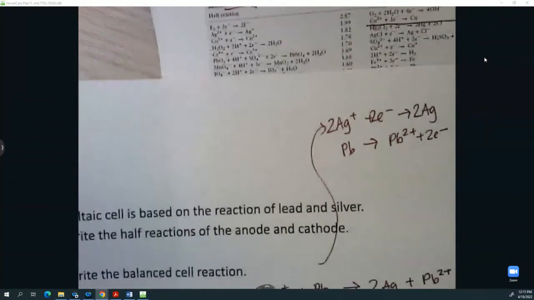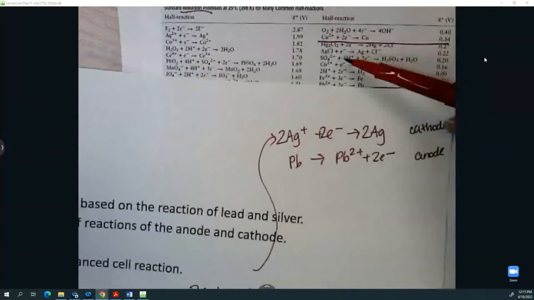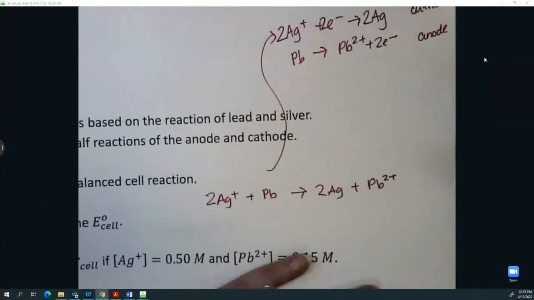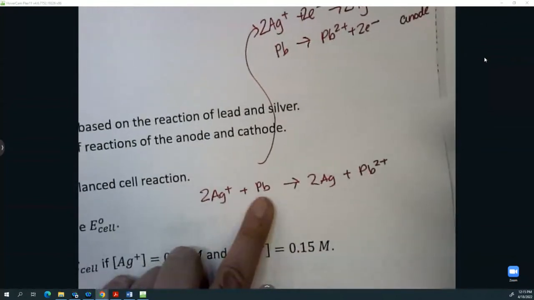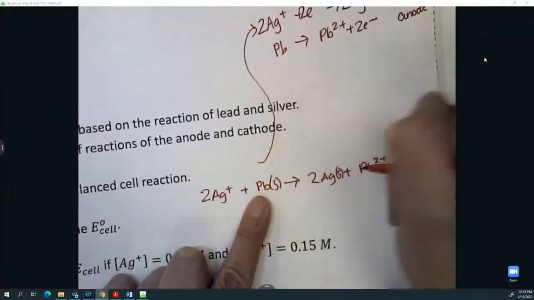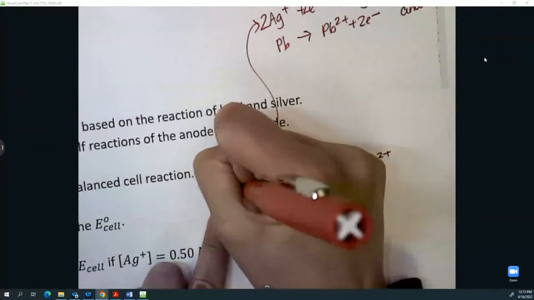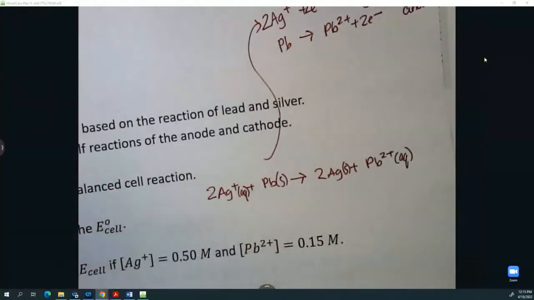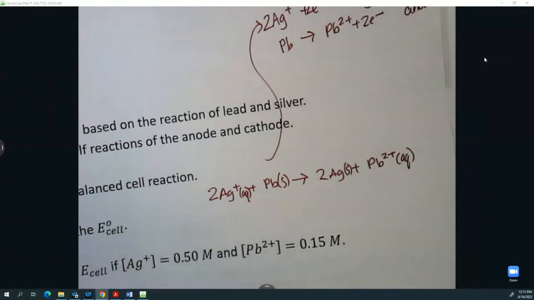The half reactions don't say phases, but I need to think about that because I'm eventually going to need to do the Q calculation. A metal by itself, no charge, is a solid. The ones with charges have to be aqueous, since those are ionic solutions. So solids and aqueous, just to help me along the way.